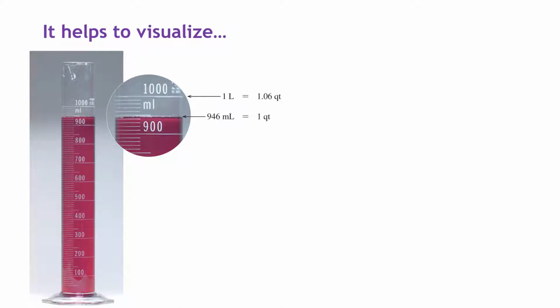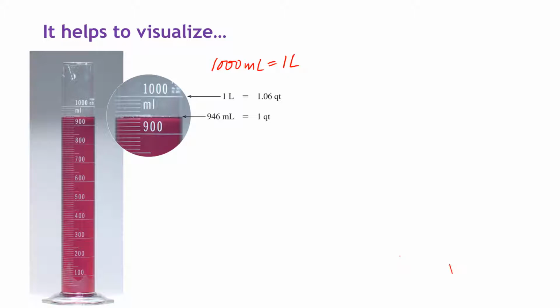It helps with this exercise of going back and forth between small units and large units, or large units and small units, to visualize. So we're going to turn our attention here for a moment to a measure of volume. Here we have a graduated cylinder, and notice that it's 1,000 milliliters. So I think it's very possible you know at this point that 1,000 milliliters is equal to 1 liter.